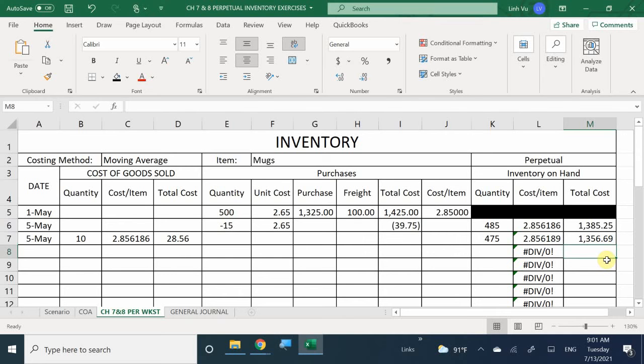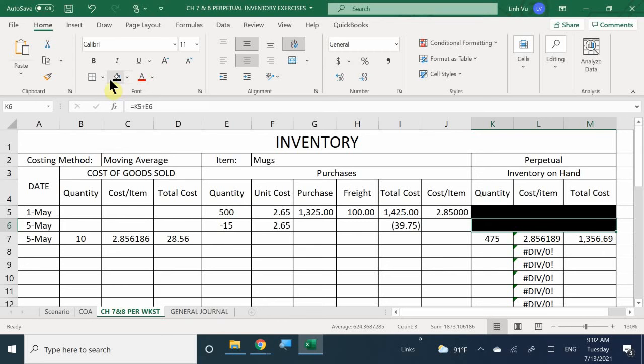Like I've already preset my formula, so it's going to be pretty much the same. It's just going to change by the 100,000th of a penny. So that is my new number. I'm going to wipe that one out. So now this is my goods available: I only have 475 items left, costing $2.85618. Okay.